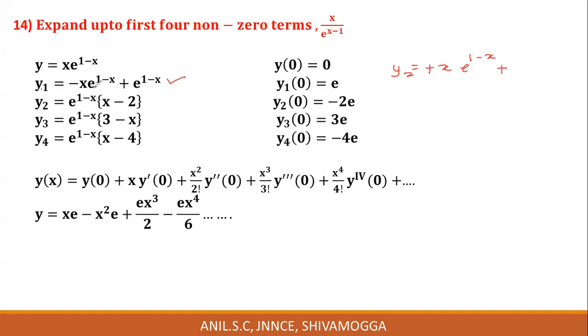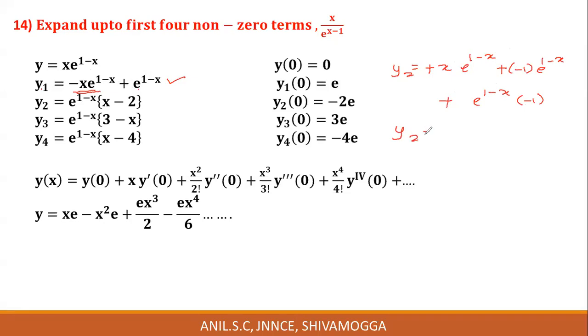Plus derivative of minus x is minus 1 into e power 1 minus x. This differentiation is over. Plus derivative of e power 1 minus x is e power 1 minus x into derivative of 1 minus x, which is minus 1.